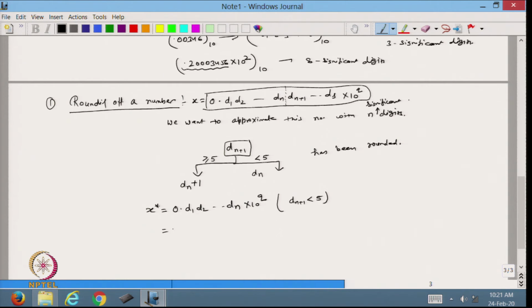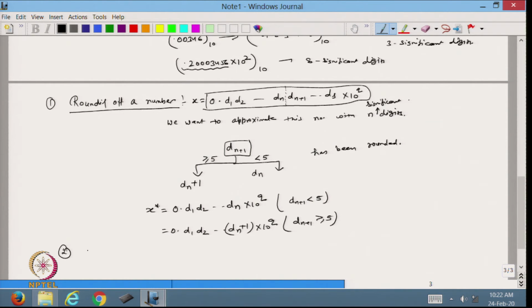It will be 0.d1 d2 up to dn plus 1 (the last digit increased by one) when dn plus 1 is greater than or equal to 5. Okay, that is called rounding off. So, this is the way we can do the rounding of a number.